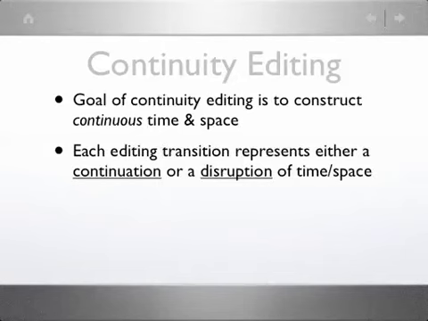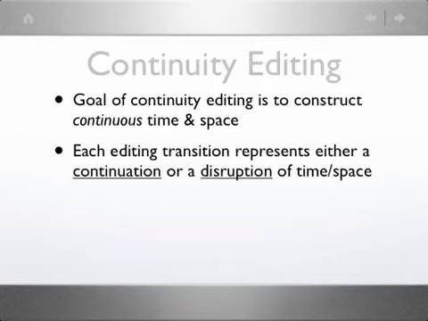Every time that there is an edit of any kind from one shot to another shot, there is either a continuation of time and space or a disruption of time and space in reference to the shot that came before.